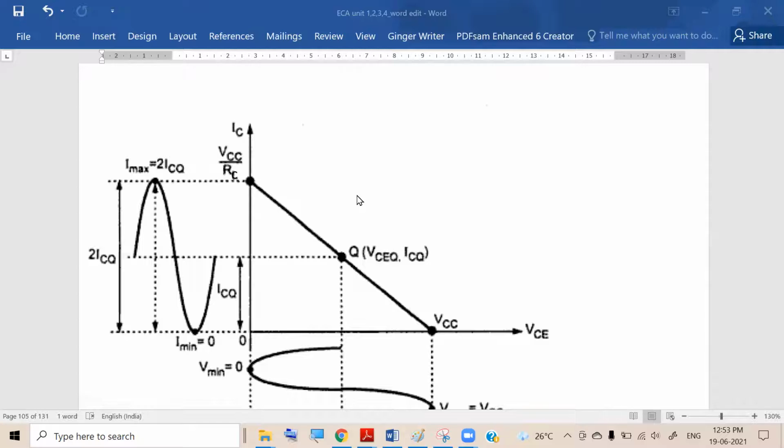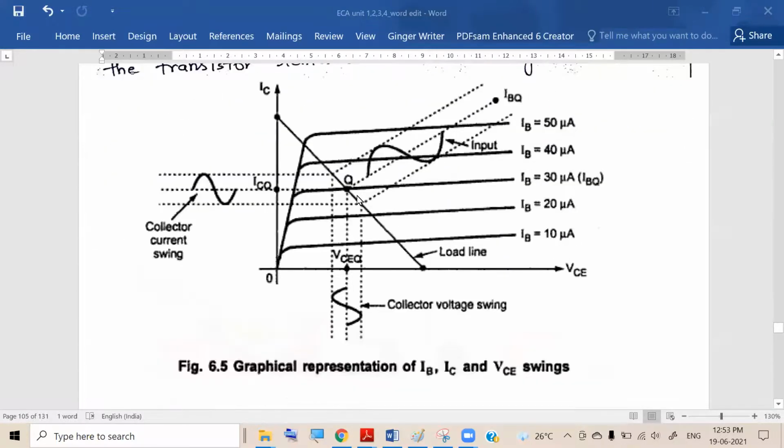Anyway, at the center of the load line, the corresponding y coordinate is ICQ. So think and tell me what this point will be. The center point of the load line is VCEQ comma ICQ. So this is the midpoint of this one, and that midpoint is ICQ.